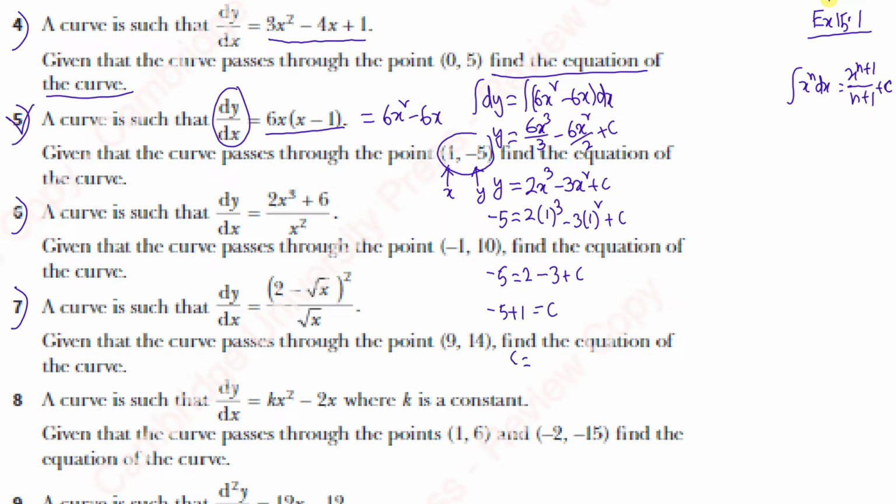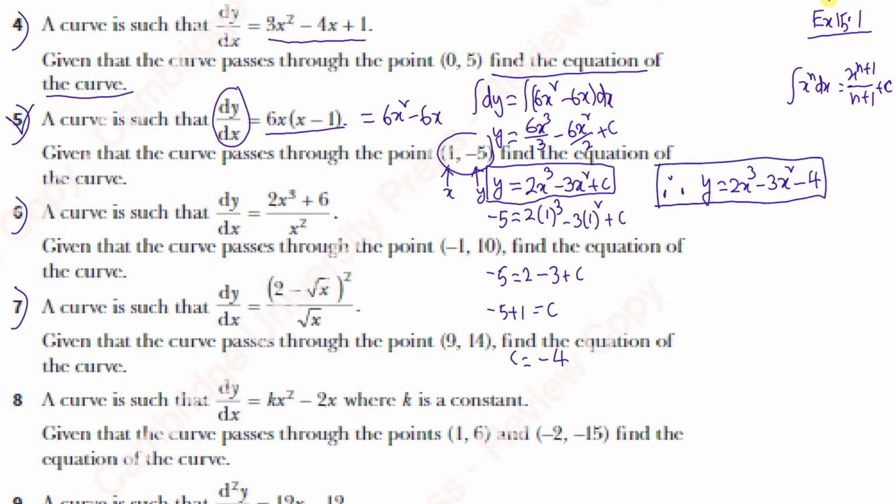So our c value is minus 4. Therefore, putting the value of c, y equals 2x cubed minus 3x squared minus 4 is our equation of the curve for this question.